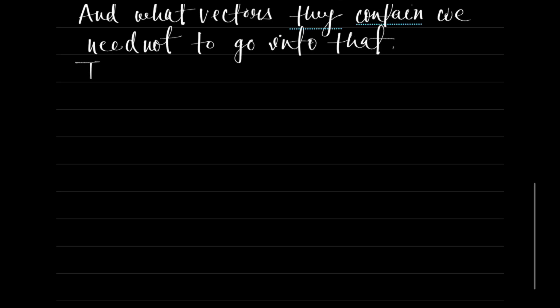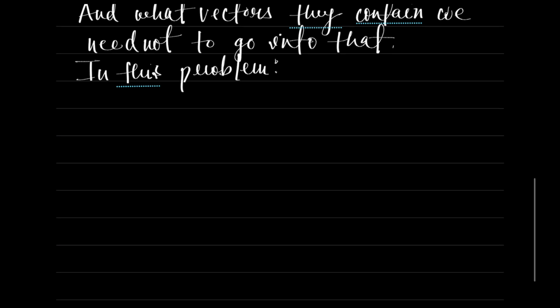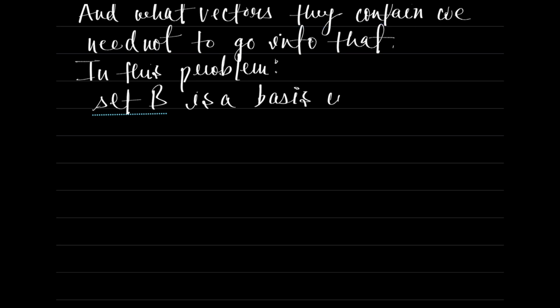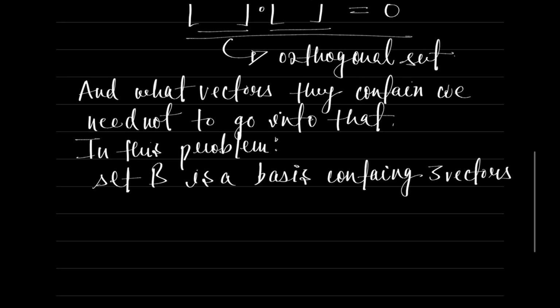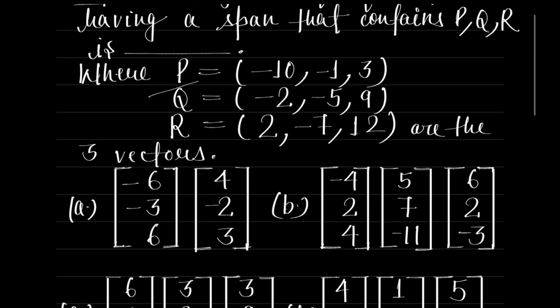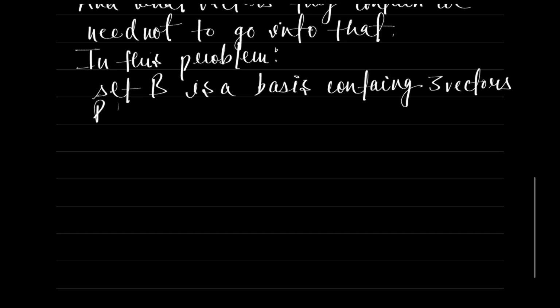In this problem, it is told that set B is a basis containing three vectors, and the vectors we have are P, Q, and R.